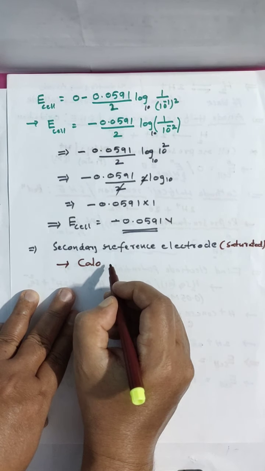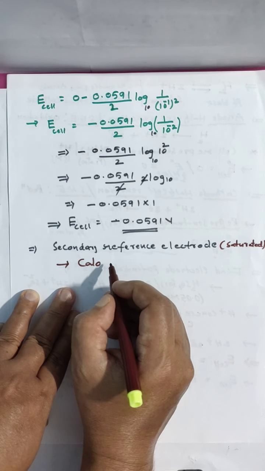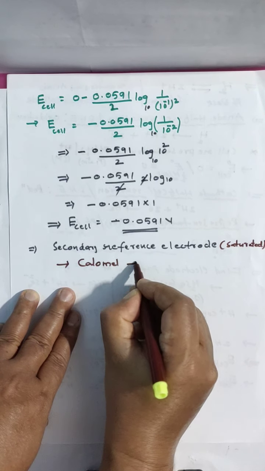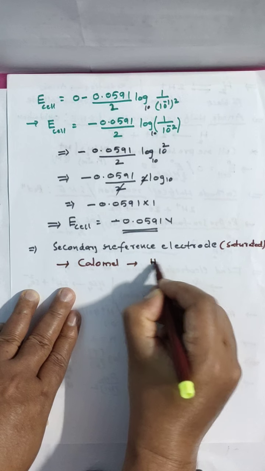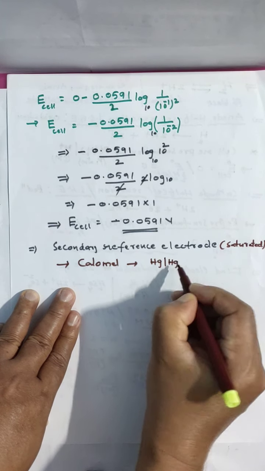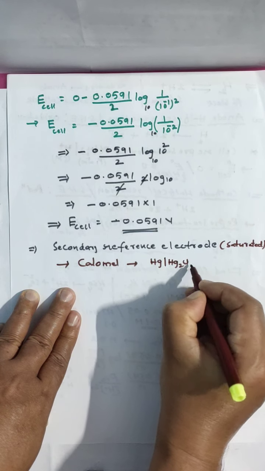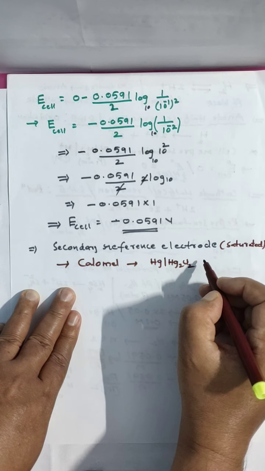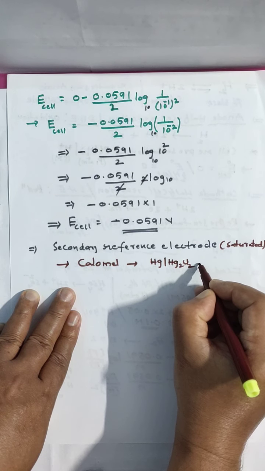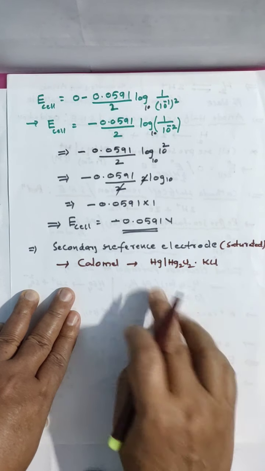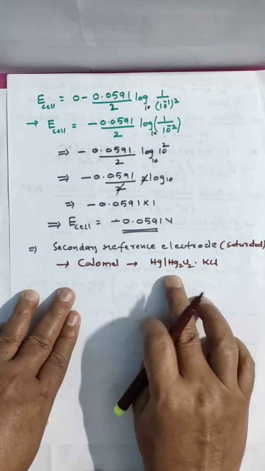The name of that electrode is calomel. The calomel electrode is represented by mercury, mercury chloride, which is in solid state, with KCl solution. This is the representation of the calomel cell.